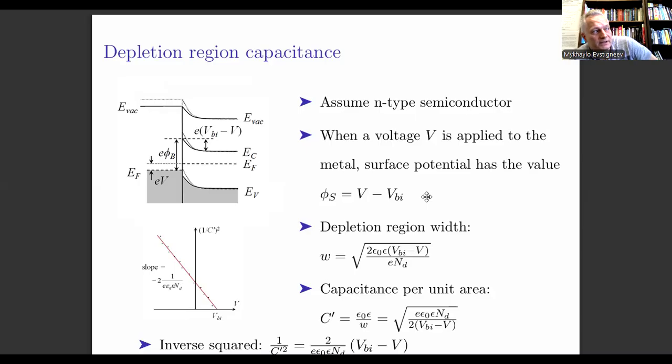But the intrinsic concentration is much smaller than the doping level. So you can model the depletion region as a capacitor. It is a leaky capacitor, but it is a capacitor, and you can measure the capacitance.